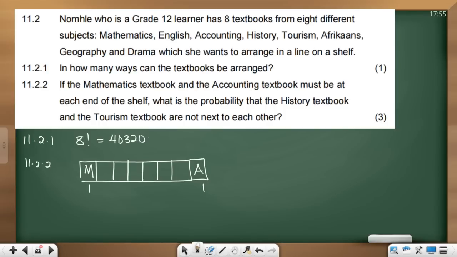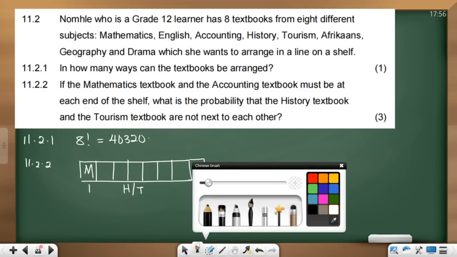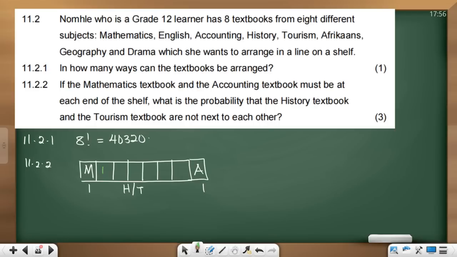So let's do it this way. What is the probability of having them together? History and tourism. This is what we do. We take a block. We block that, and we have 1, 2, 3, 4.